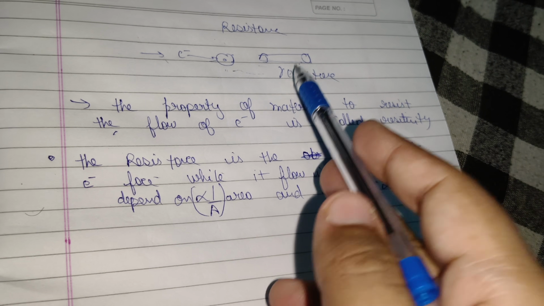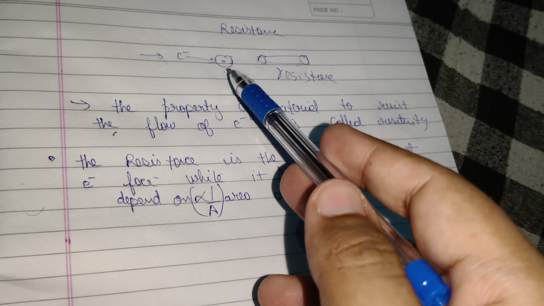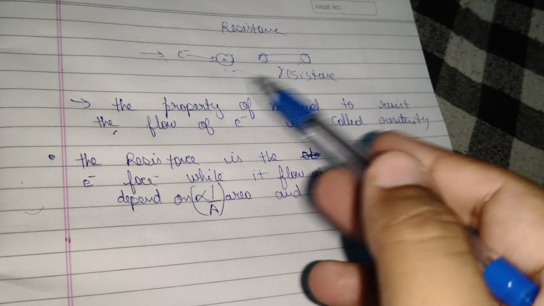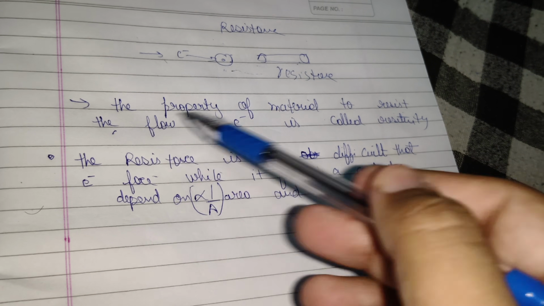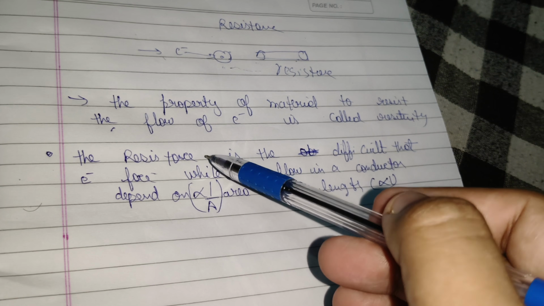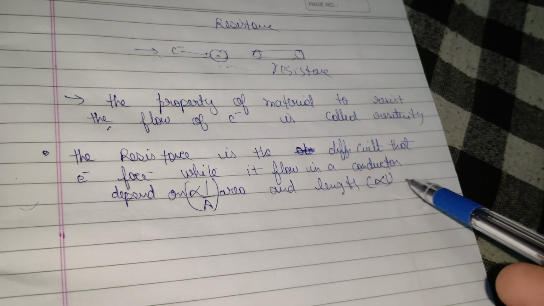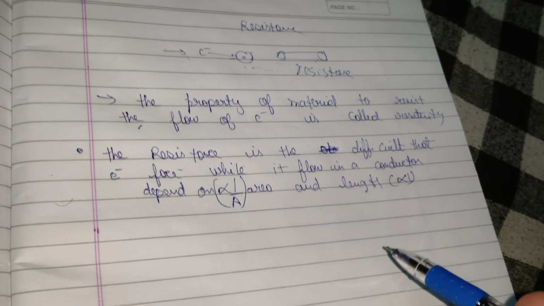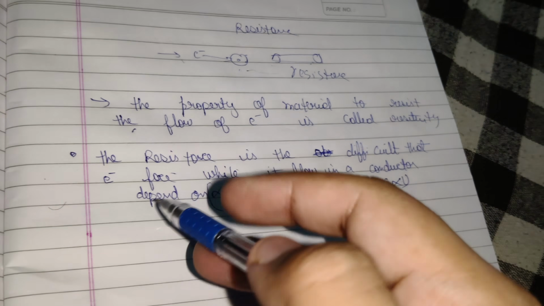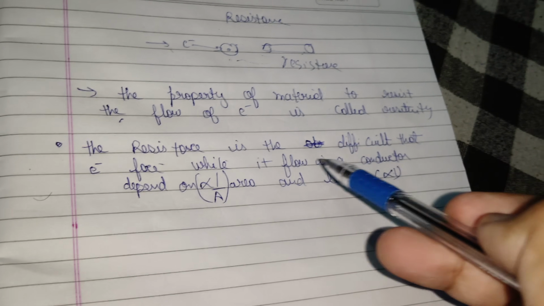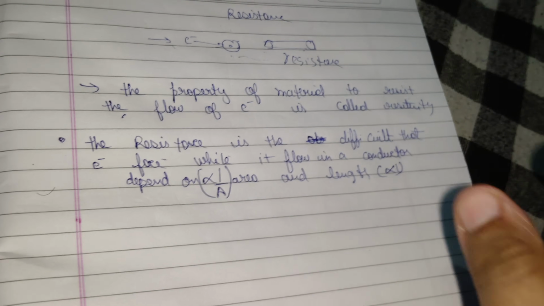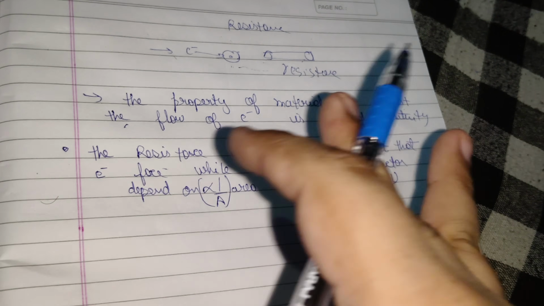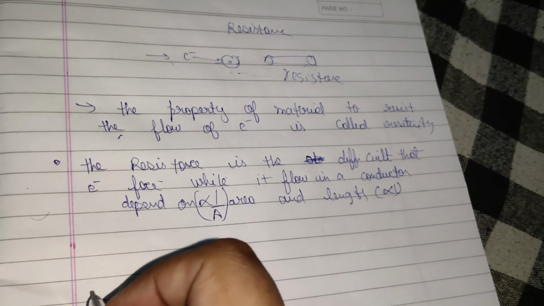And when this property is combined with the geometrical parameters, it causes resistance, that is, the difficulty that electrons face while moving. So the resistivity, along with the geometrical parameters length and area, causes resistance, which is basically the difficulty that electrons face while flowing in the conductor.